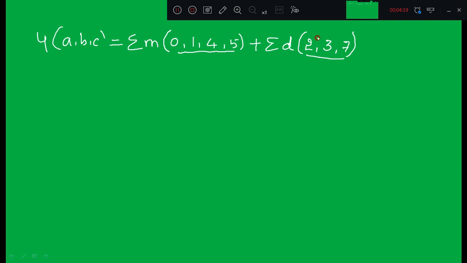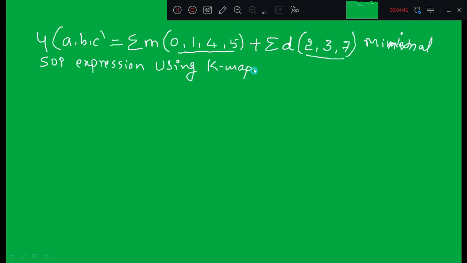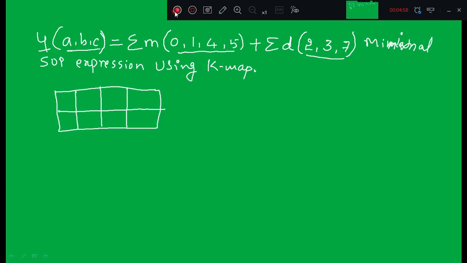Now we have to find the minimal SOP expression using a K-map. From the problem definition, Y is the output and A, B, C are the 3 inputs, and the minterms and don't care terms are given.